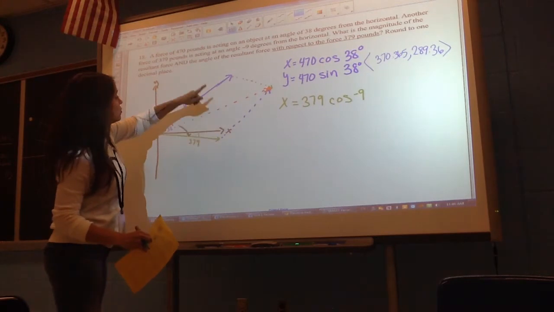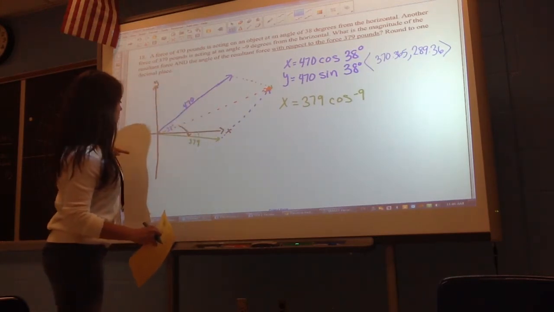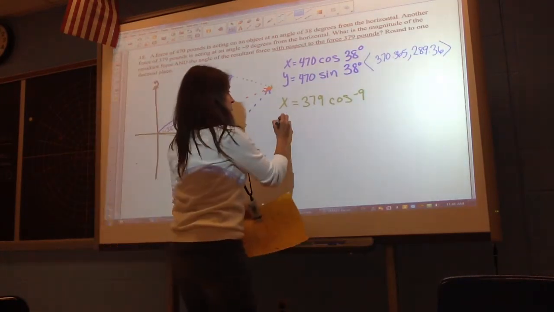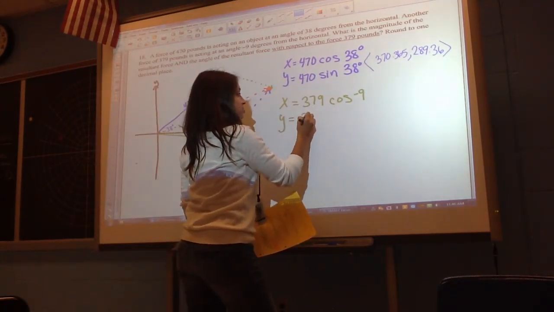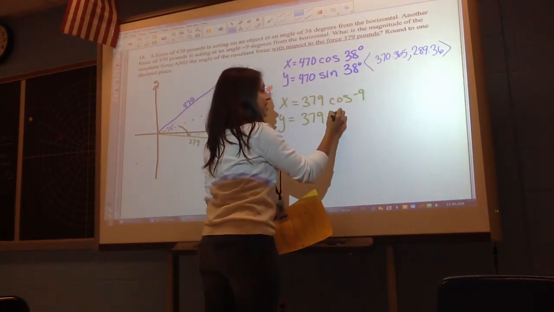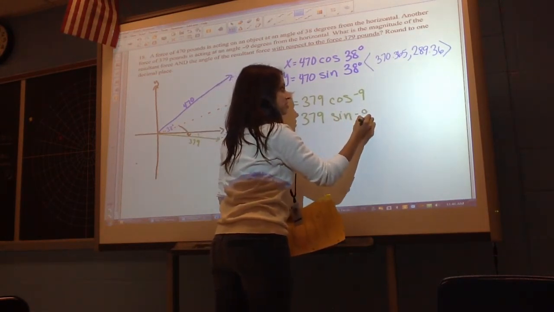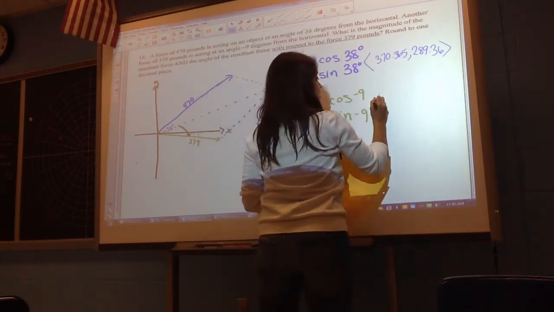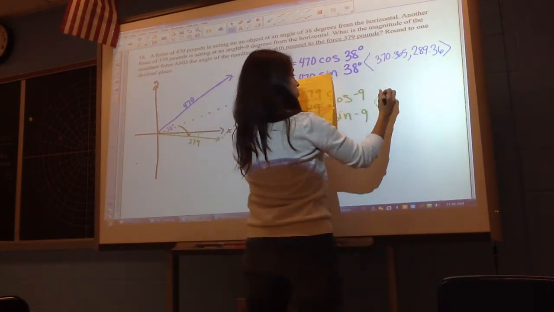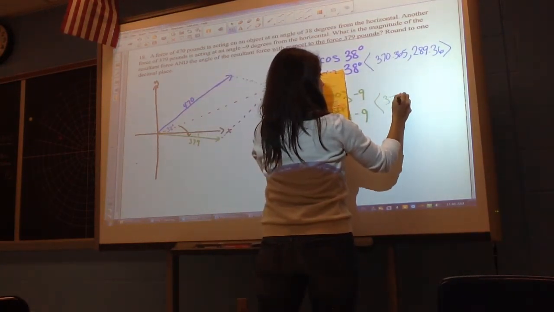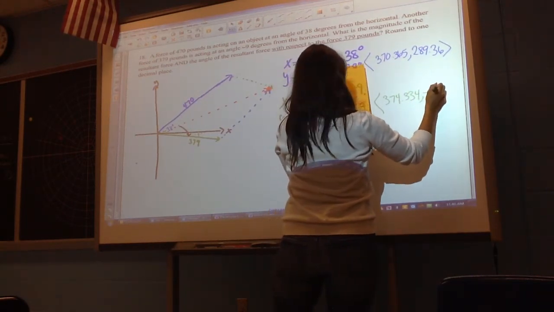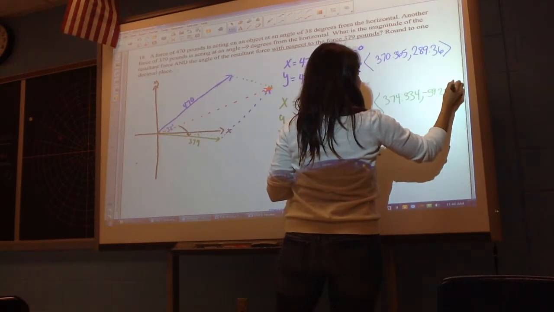You could have also gone all the way around, 351 degrees. You will get the same answer. And then y equals 379 sine of -9 degrees. And I can write this in component form once I calculate to equal 374.334 and -59.2887.